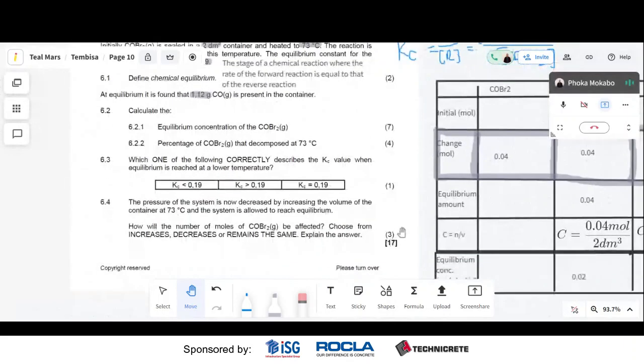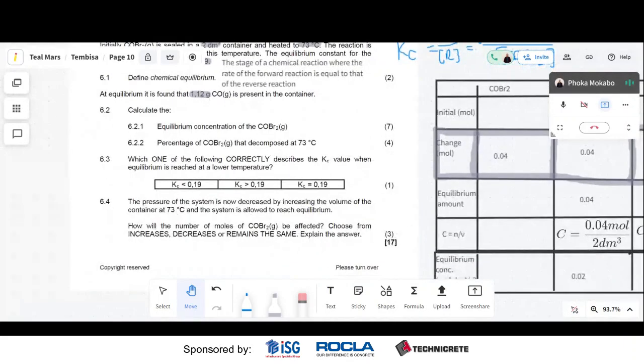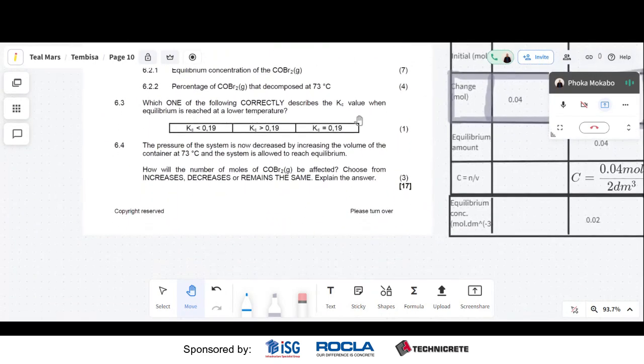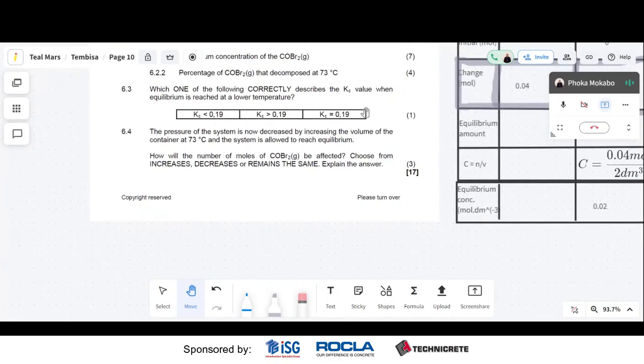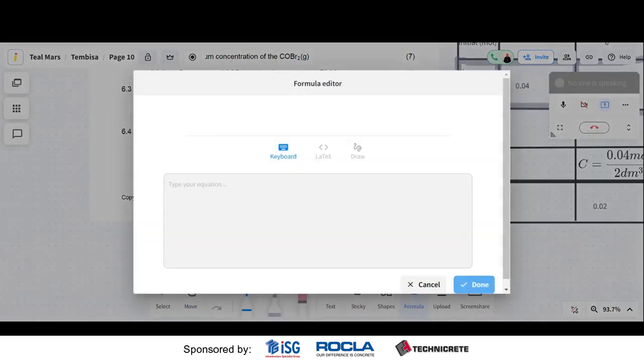Cool. Then they say find the percentage of COBr2 that decomposed at 73 degrees. Okay, well, stoichiometry again.